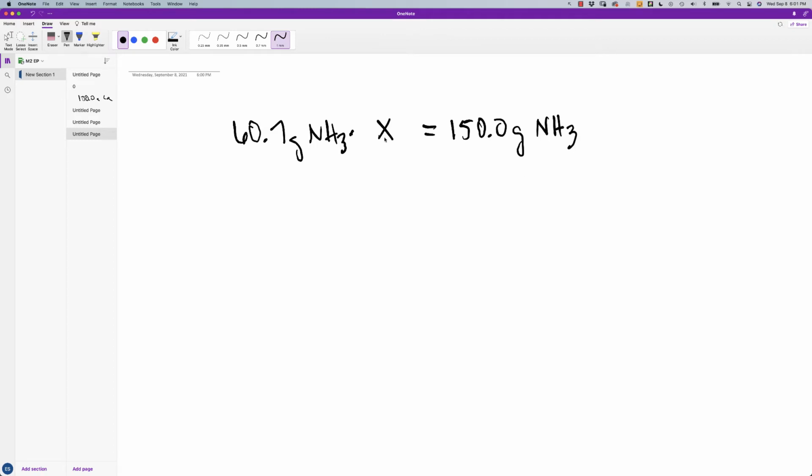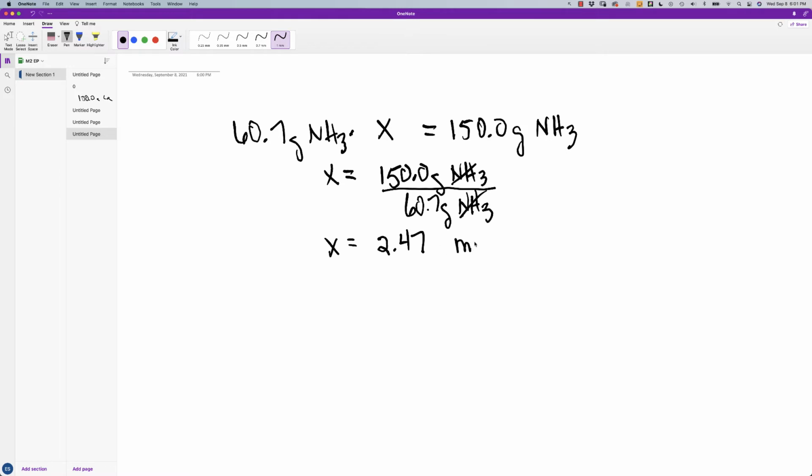Do our math, isolate, we have 150.0 grams ammonia divided by 60.7 grams ammonia. That's how the ammonia cancels out as well as the grams. And this gives us an answer of 2.47. This is our multiple.